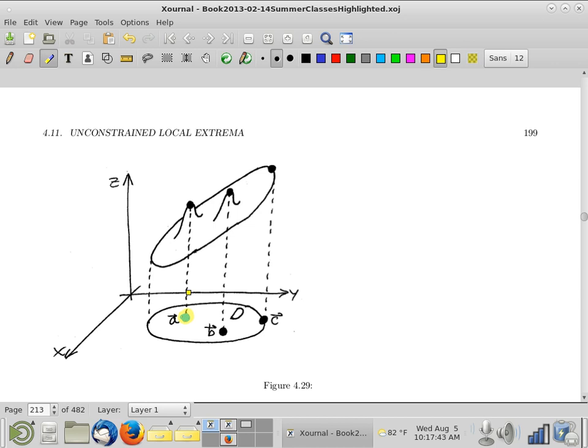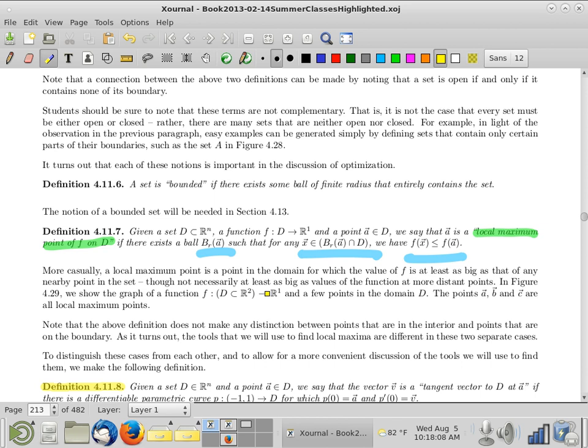So likewise, you'll notice that that point is a local maximum. A little bit different is this point. Now, that point is a local maximum, as I'm defining it here, because I make a ball around it. Now, keep in mind we're only responsible for points that are in the ball and that are also in the set.